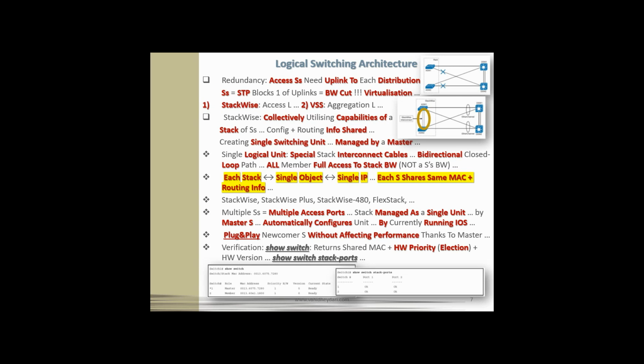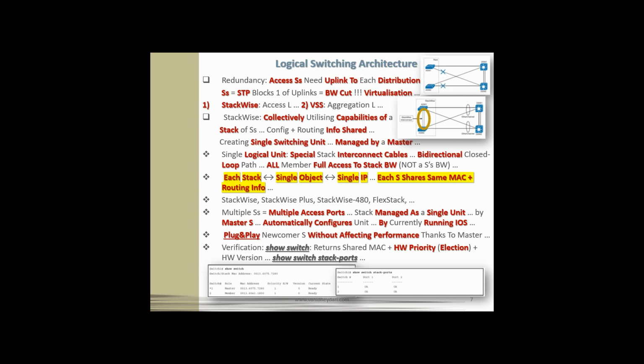So access layer switches used to be all separate physical switches where we use Ethernet cables for connectivity between them. But with StackWise, we have changed this paradigm, and it allows us to turn multiple physical switches into a single logical switch.